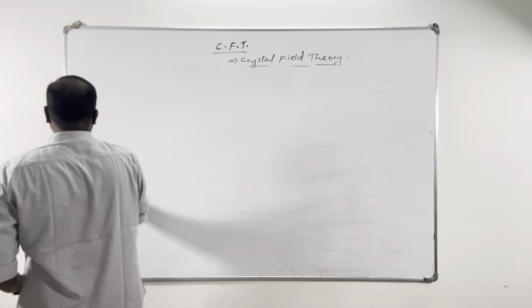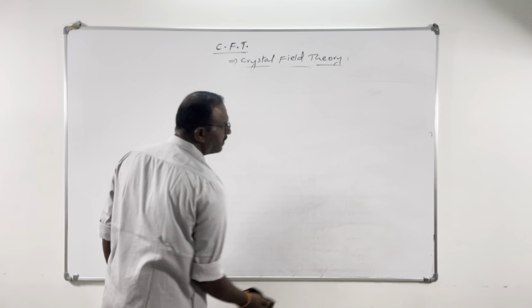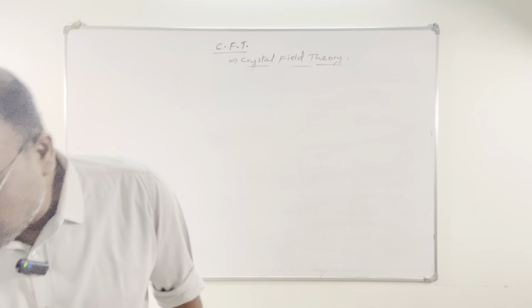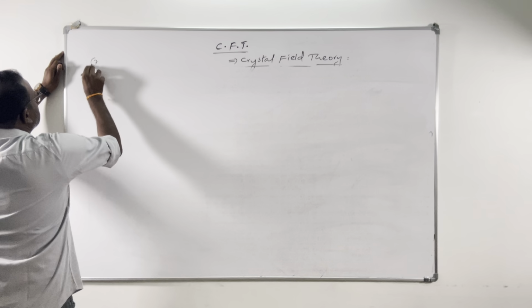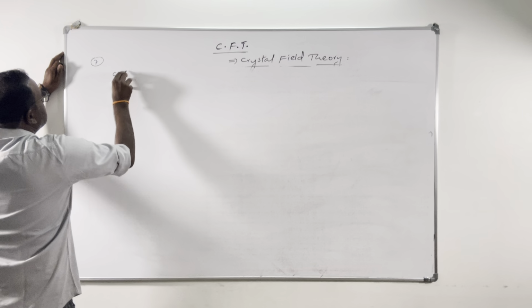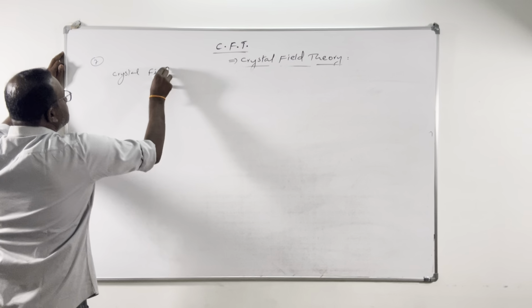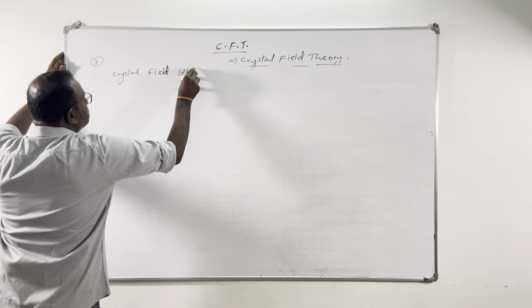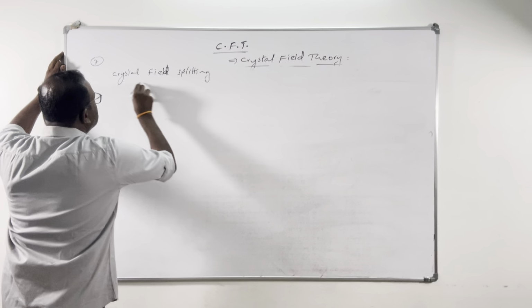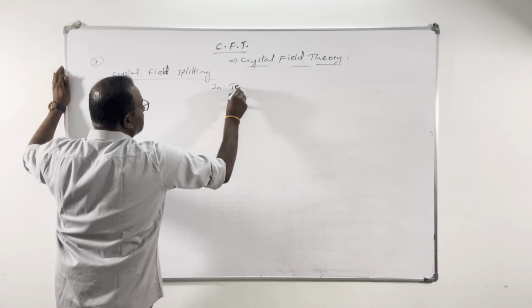For these two complexes, we need to give much importance, and then we have to go for another thing. Now, the seventh thing is crystal field splitting in tetrahedral complexes.